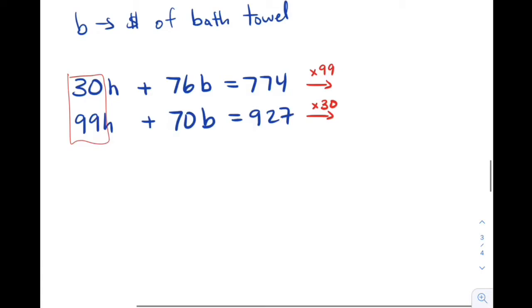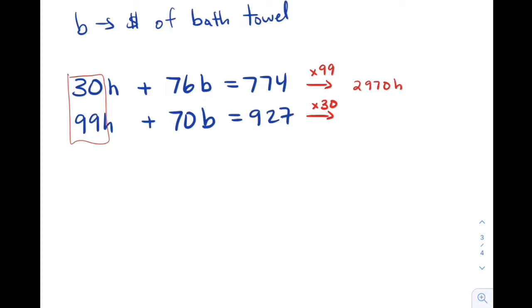So we'll do that. In our calculator, we're going to put in 30 times 99, because I know that's going to work out to be the same coefficient for both of them. When I put in 30 times 99, we get 2,970H. I'm going to have to do the same thing for 76.